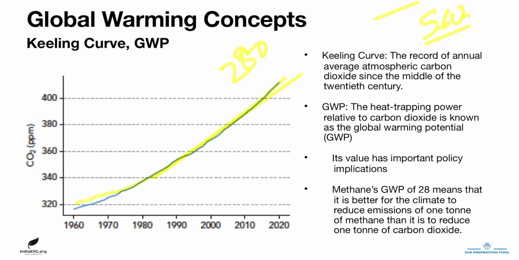So this has a lot of policy implications, and the industries which are sources of methane are targeted because of this higher global warming potential, GWP.